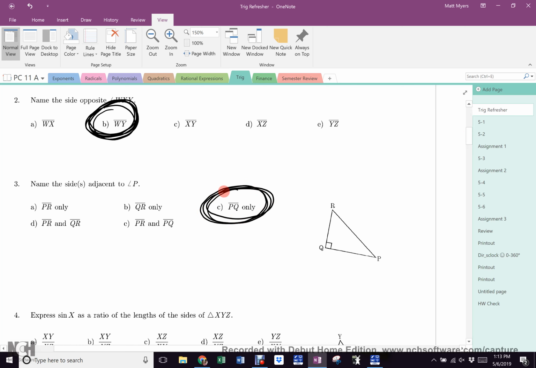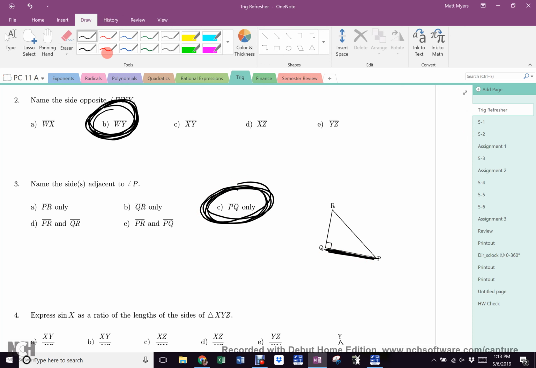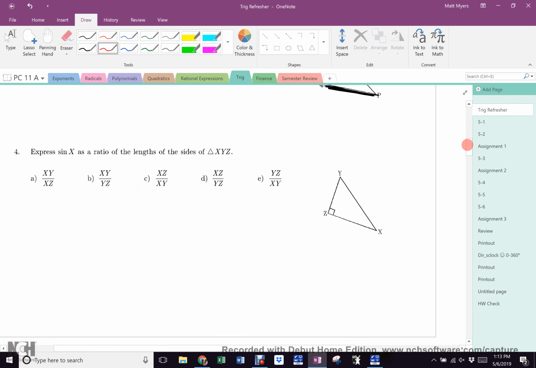C. Because adjacent means touching, but not the hypotenuse. Number 4. What is it? E.